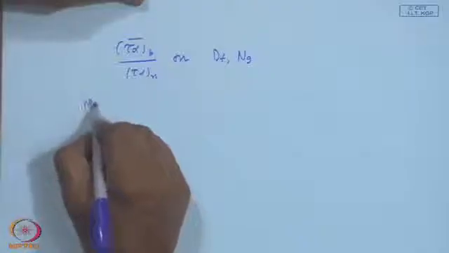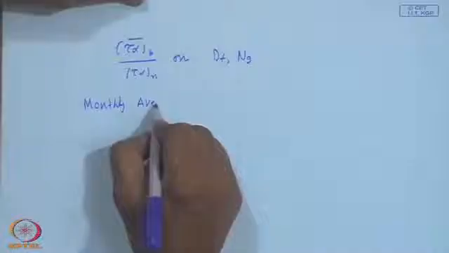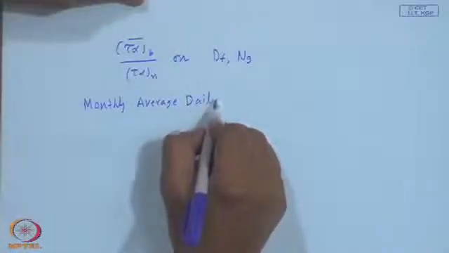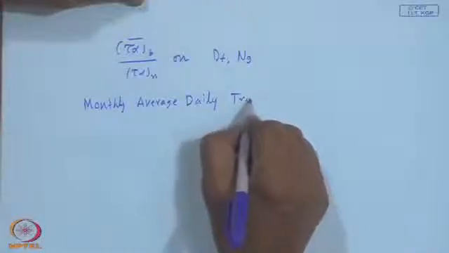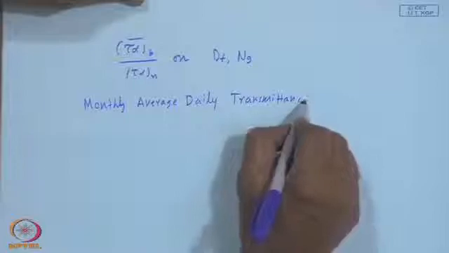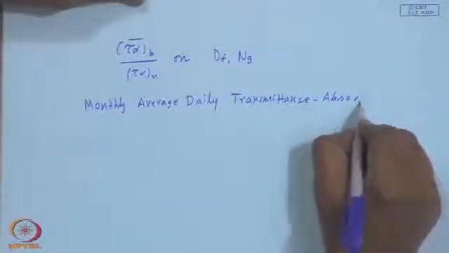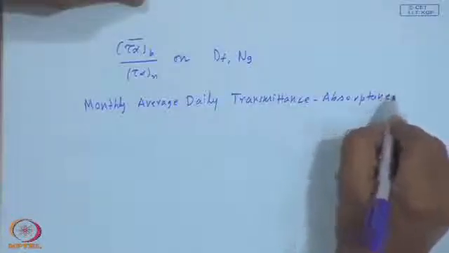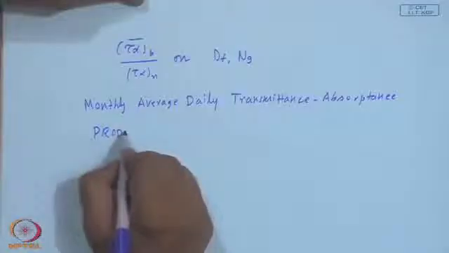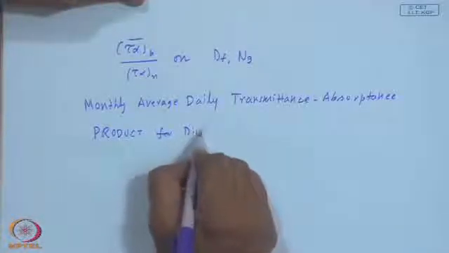How do we get monthly average daily transmittance absorptance product for direct radiation?